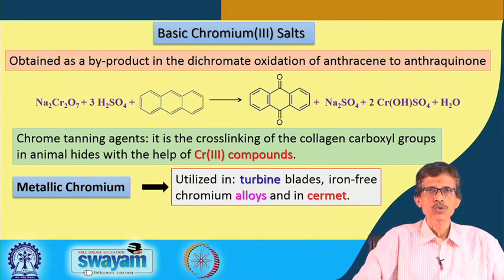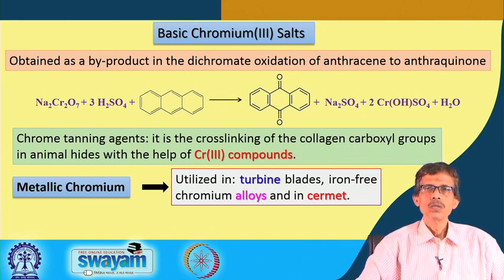So, if we are able to produce metallic chromium from the different chromium modes, it can be utilized in different turbine blades, as we have already seen that the chromium is a useful component for your steel material. Then some of these chromium can be used in alloys and in carbonate.